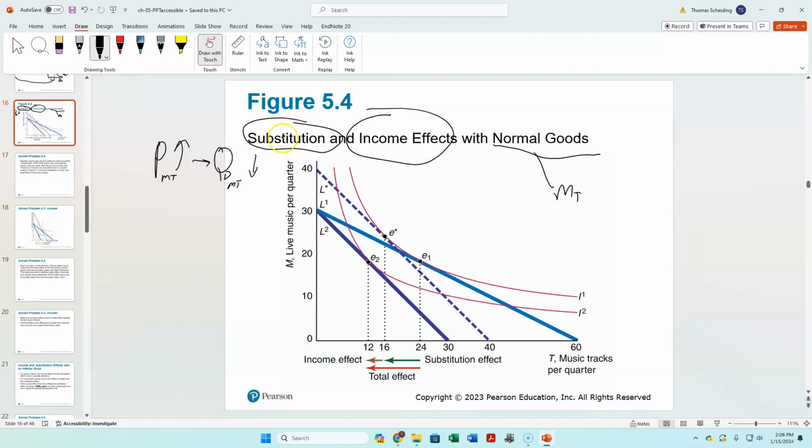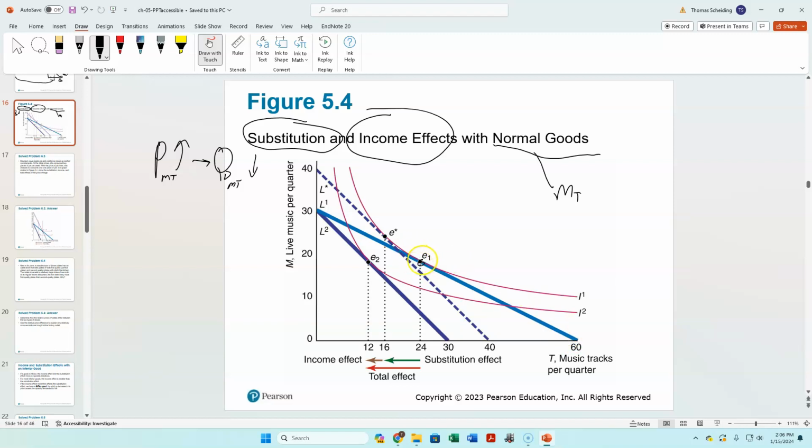So let's start first with the substitution effect. Again, this one is implying that I am shifting my buying towards a good because it's now cheaper, relatively speaking. So here are my two indifference curves, no drama about those, but this is my original budget constraint, this line right here, L1, this light blue line here.